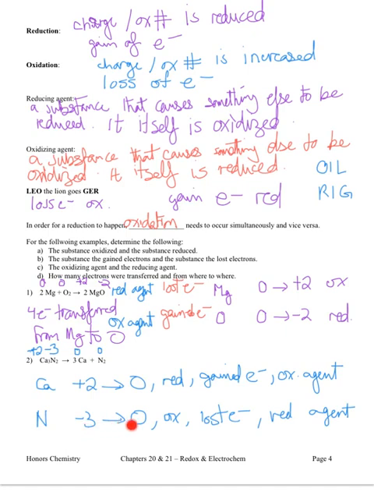Nitrogen went from -3 to 0. It lost electrons. To go from -3 to 0, the difference is 3, so it lost 3 electrons. But there are 2 nitrogens. 2 times 3 would be 6 electrons lost total. The electrons gained need to equal the electrons lost. There are a total of 6 electrons that were transferred, lost and gained. They were lost from the nitrogen and gained by the calcium, so they went from the nitrogen to the calcium.